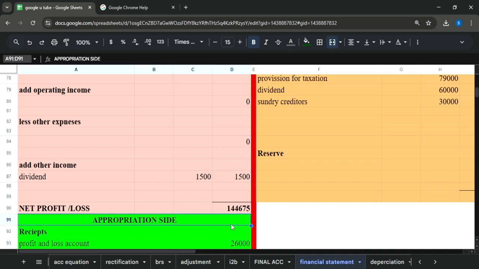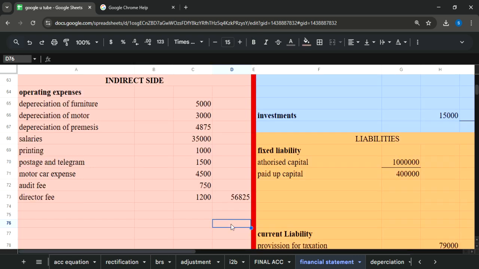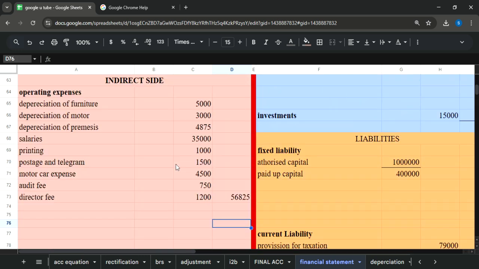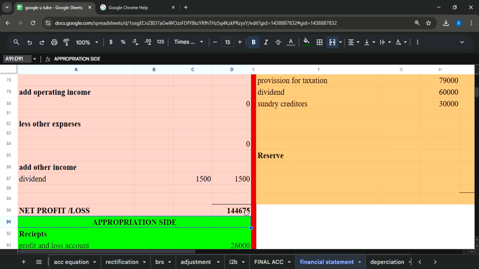So what we have got is our net profit 144675. Let's see what answer is given in the book. We'll have to match it, and answer of net profit is 144675, and our answer is also 144675.